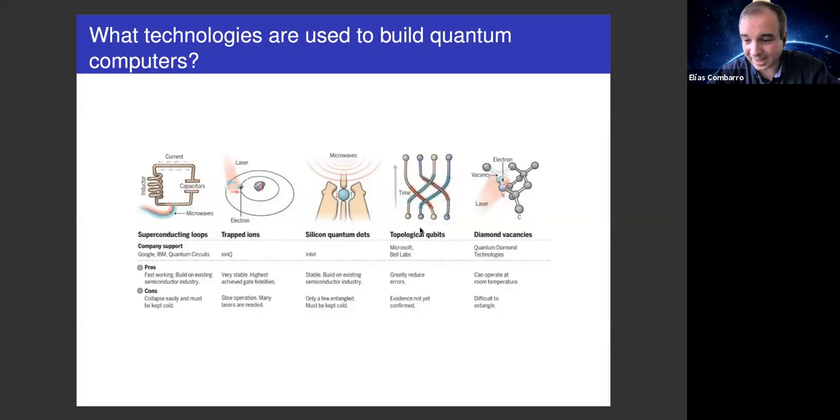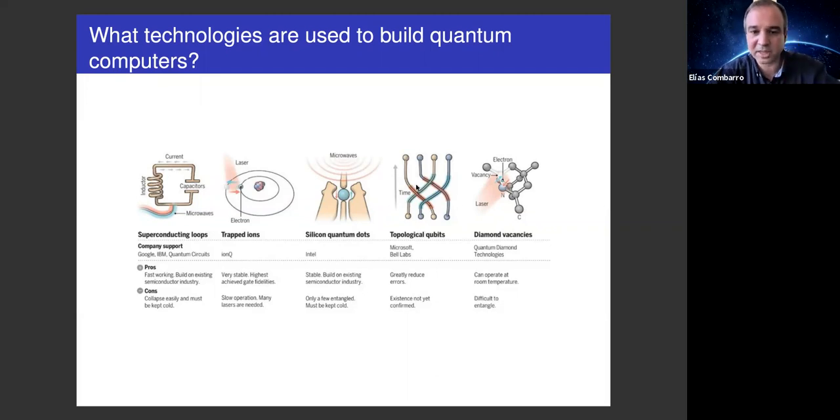The problem is that they are based on some quasi-particles that are supposed to exist, but nobody has found them yet. In fact, there was one paper in which some evidence of the existence of these particles was shown, and it was retracted a few weeks ago because there were some problems with the experimental methodology. Okay, so well, this was very promising, but up to this point we have 0 qubits, no qubits.